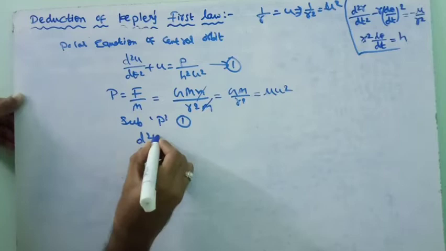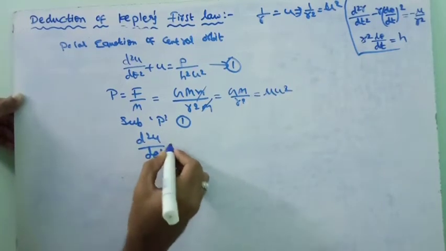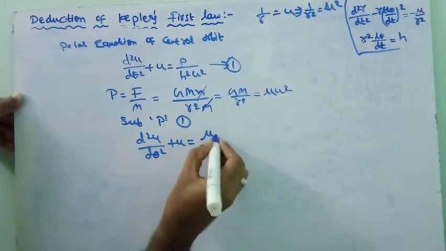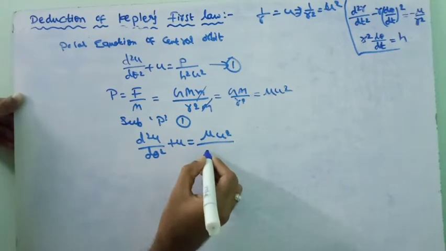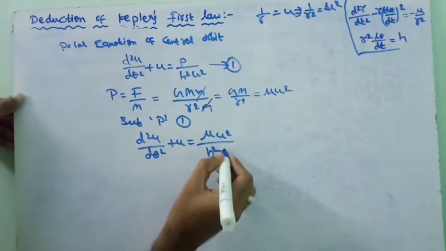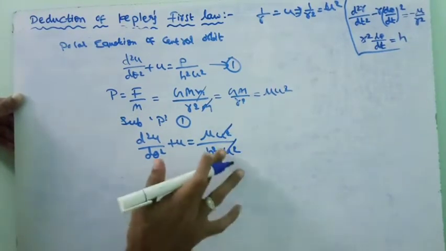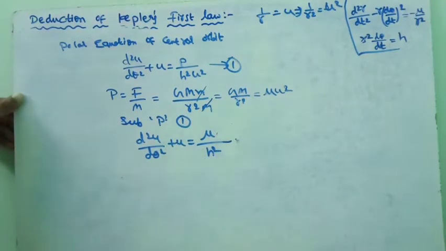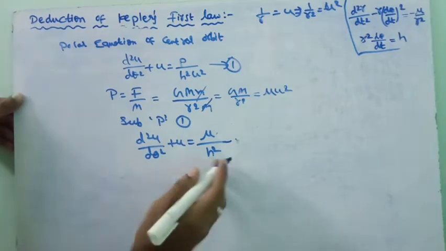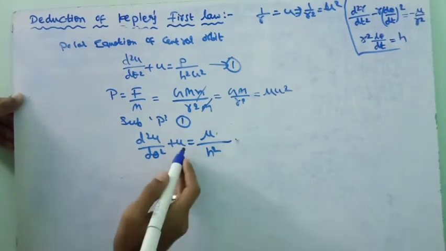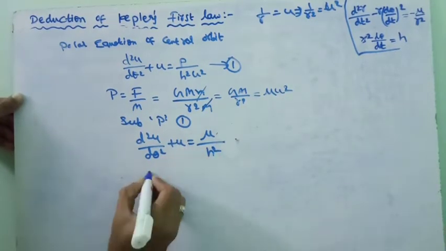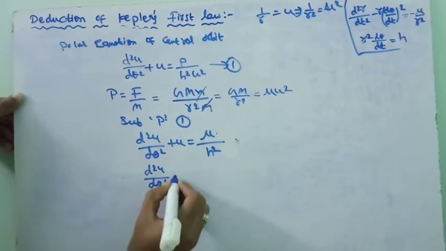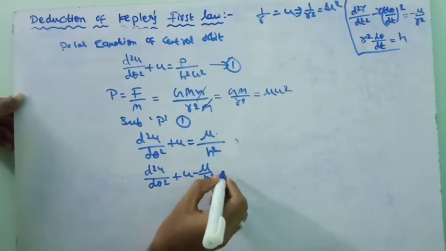we get d square u by d theta square plus u is equal to mu u square by h square u square. The u square gets cancelled, and only mu by h square remains. When we send this term to the other side, it becomes d square u by d theta square plus u minus mu by h square is equal to 0.